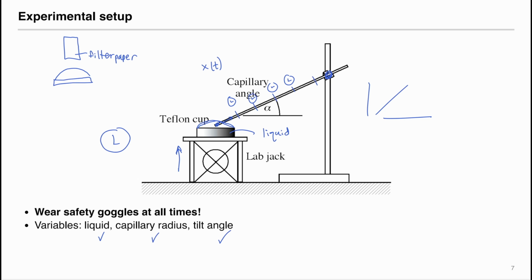And again, you move the lab jack up so that the liquid contacts the filter paper, and you have increments where the person in charge of timing can time the movement through the filter paper. And of course, for the setup, you can tape it onto a ruler. You can do it however you want and have a ring stand here.